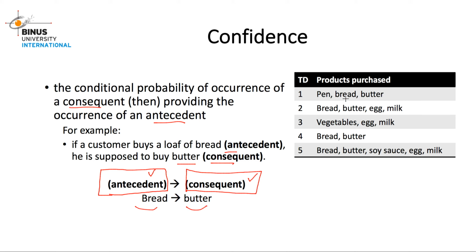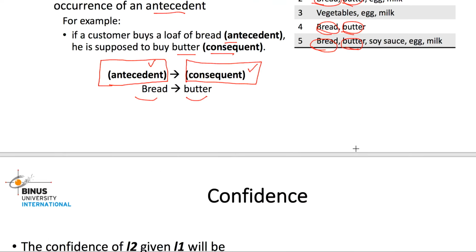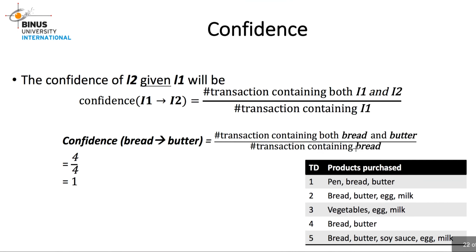So for example, bread and butter, bread and butter, bread and butter, and bread and butter. We want to calculate the confidence of item 1 then item 2. For example, item 1 is bread, item 2 is butter.